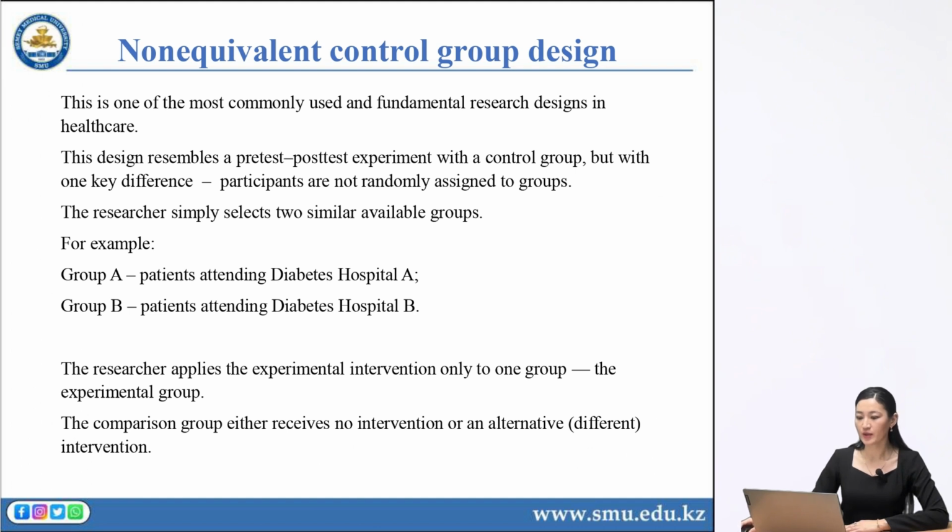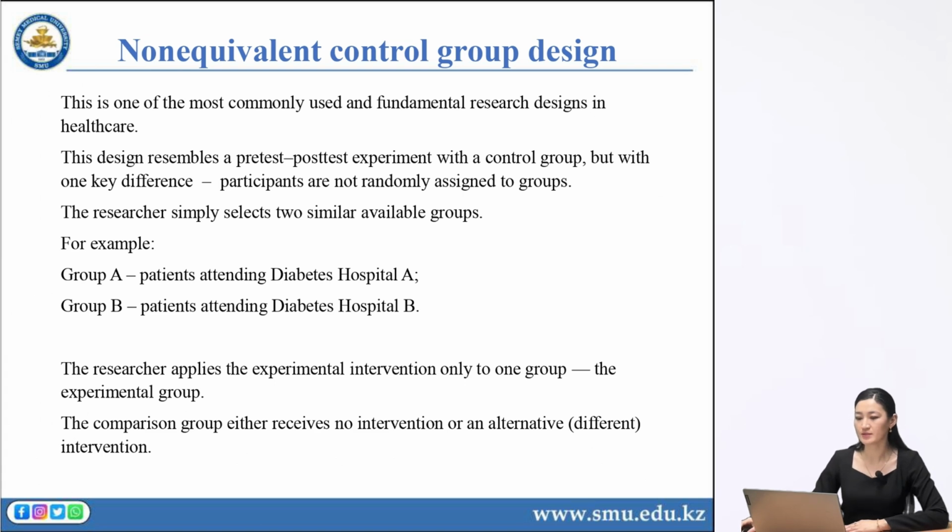For example, Group A, patients attending diabetes hospital A; Group B, patients attending diabetes hospital B. The researcher applies the experimental intervention only to one group, the experimental group. The comparison group either receives no intervention or an alternative intervention.